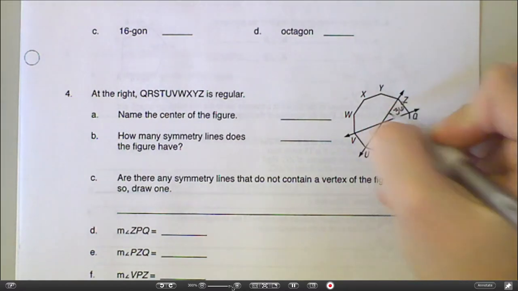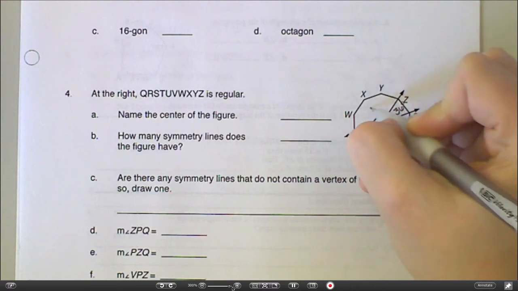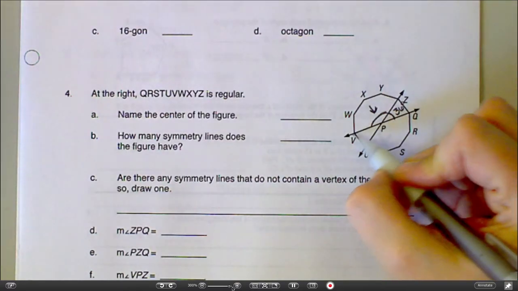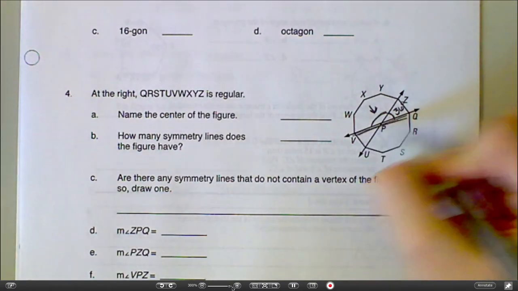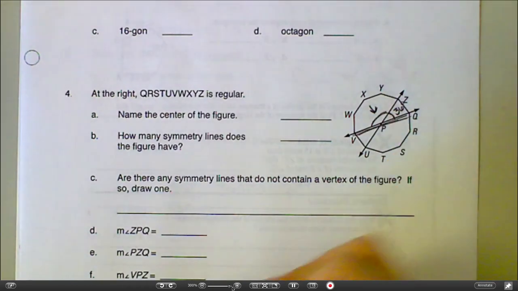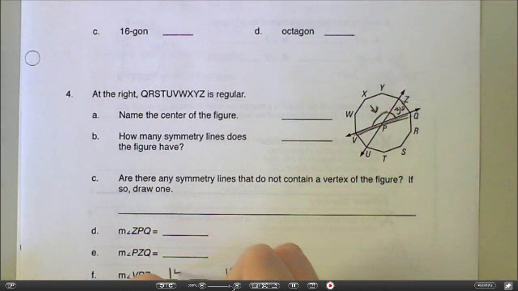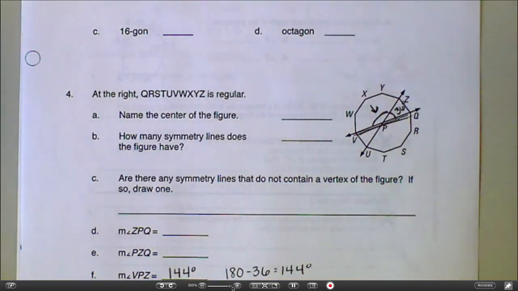So now I want to know this angle. What do I do? Yep, Hunter. Yeah, this is a straight line, right? We already found that that was 36. So I could do 180 minus 36. And I find again that that angle is 144.